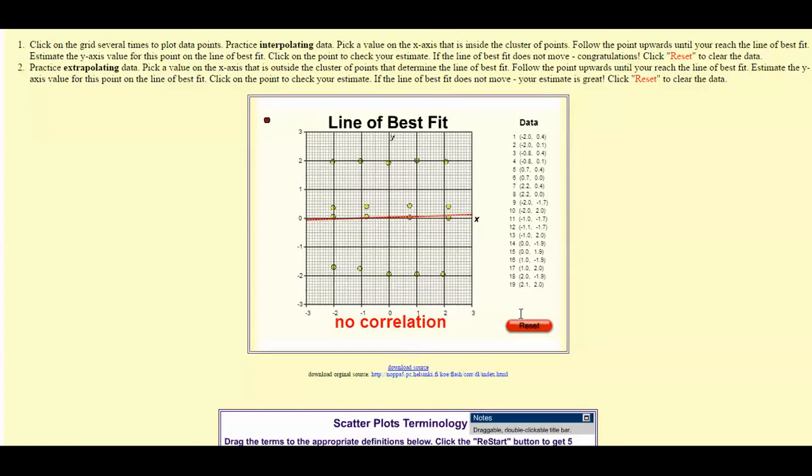It's still just no correlation. For example, my main point is, even if the dots are really close to the line like they are here, it would still just be no correlation because the dots aren't rising or falling from left to right. You wouldn't say that it's a strong no correlation because there's no such thing as a strong no correlation.